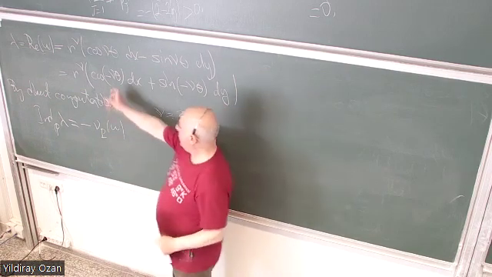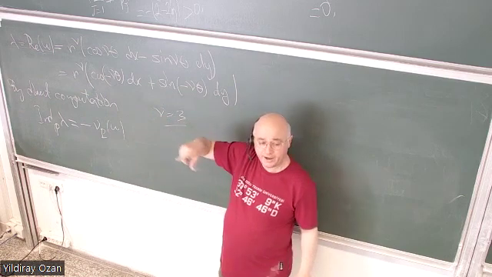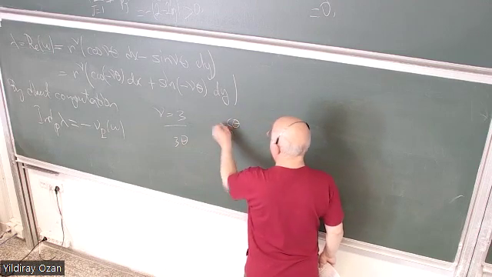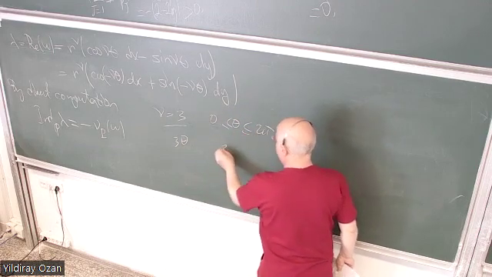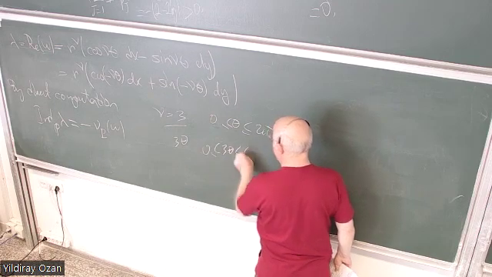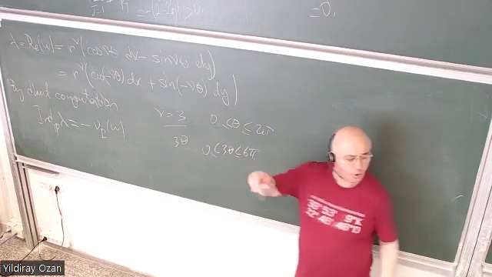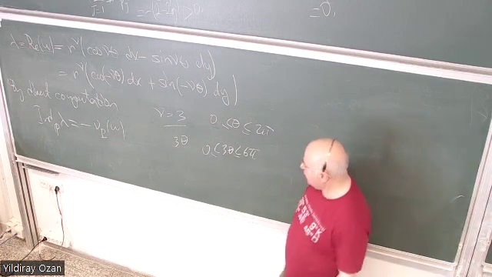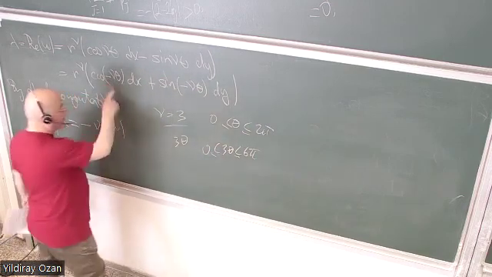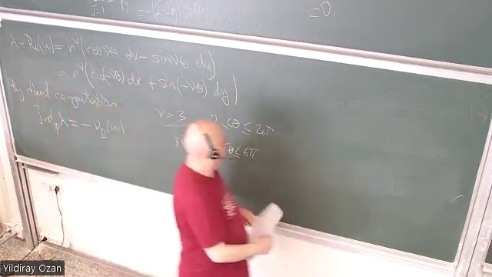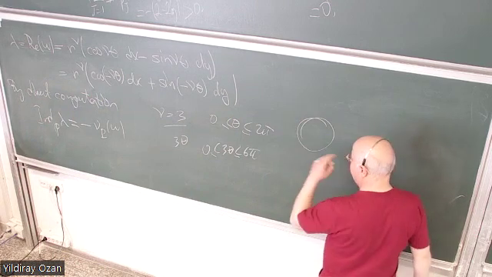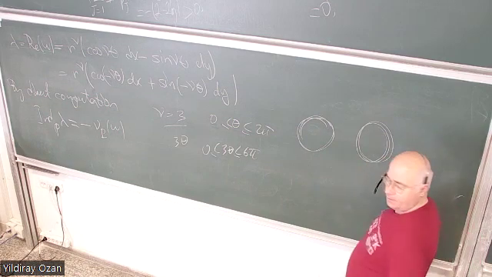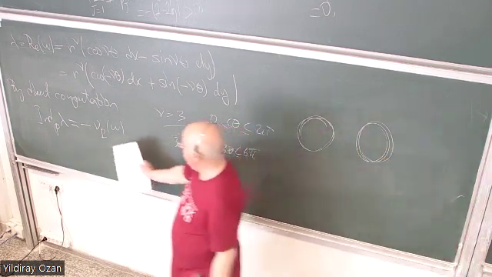As theta goes from 0 to 2 pi, what about 3 theta? It goes from 0 to 6 pi. So it just goes around the origin 3 times. And you have a minus sign because this is your positive direction, theta, but you have minus theta, so it goes the other way around. That's why you have this gadget.